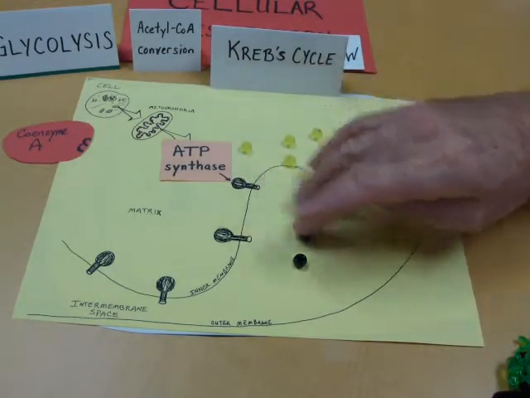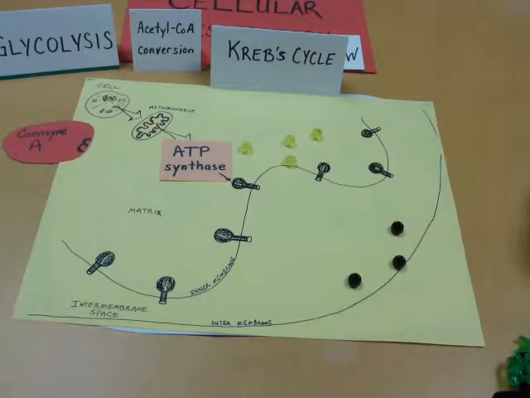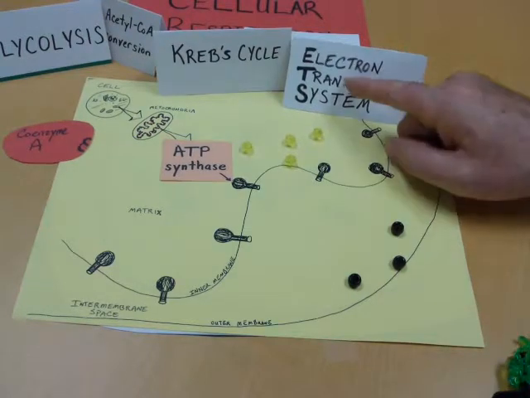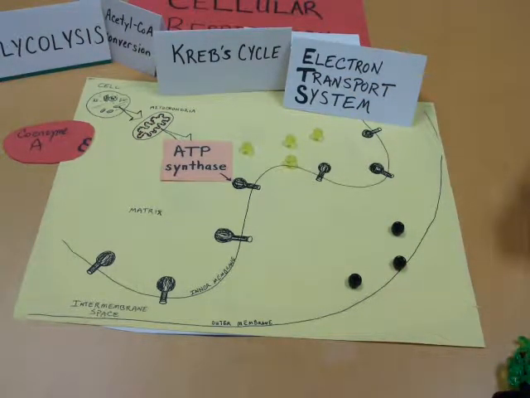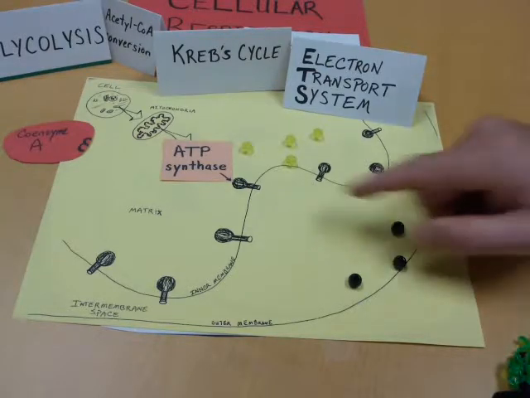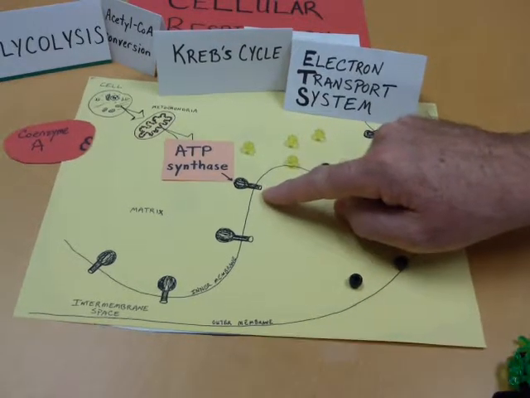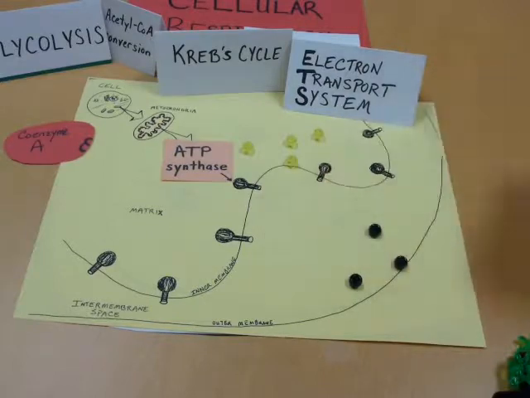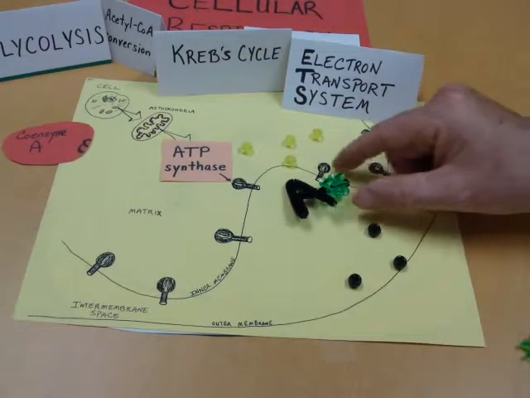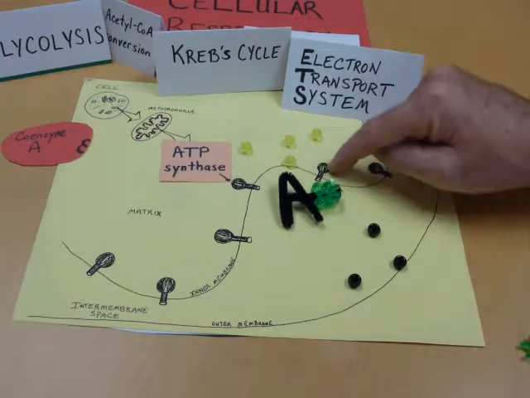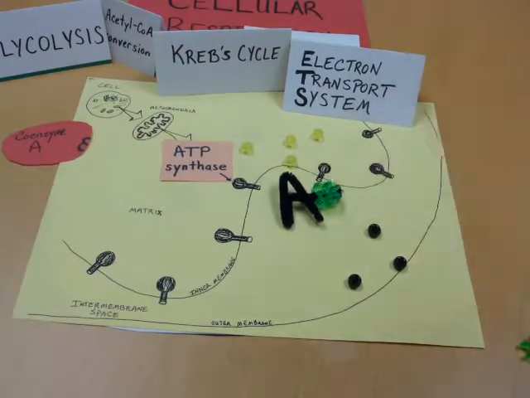These can all leave as carbon dioxide. And now we're going to take those electrons, put them through this thing called the electron transport system, and create lots of ATP. As you might imagine, that involves these ATP synthase molecules, and then that's where most of our ATP comes from. That's going to be made by those, obviously not to scale.